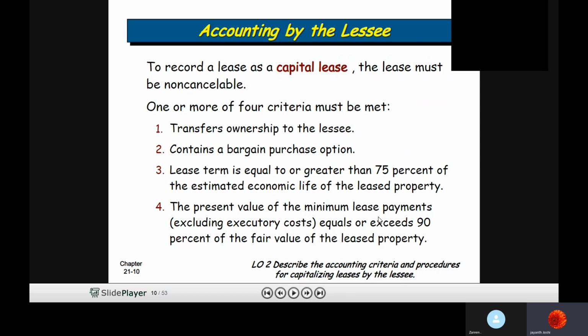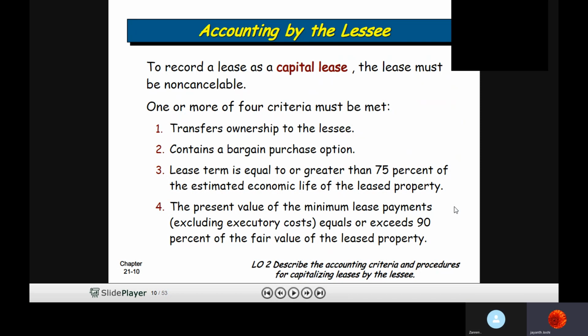Fourth, present value of minimum lease payments equals or exceeds 90% of the fair value of the leased property. That means whatever the present value of the future lease payments you are calculating today should be equivalent to 90% of the market value of that property which you are taking on lease as of today, correct? Yes, sir.